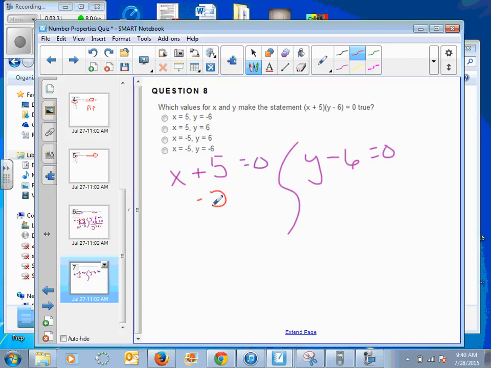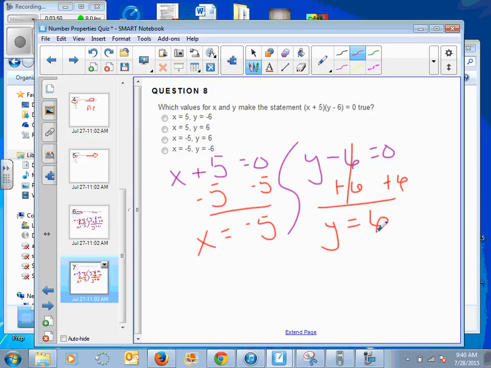Subtract 5 from each side. x equals negative 5. And you can probably already tell then that this one is going to equal, you're going to have y equals 6. So x equals negative 5, and y equals 6.